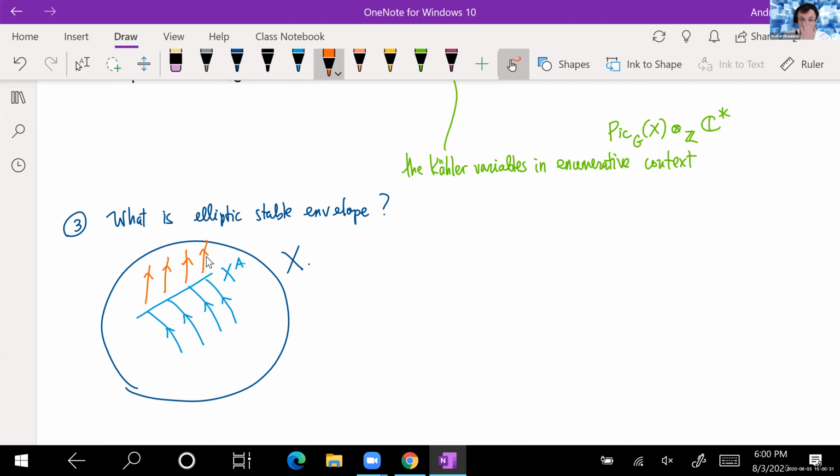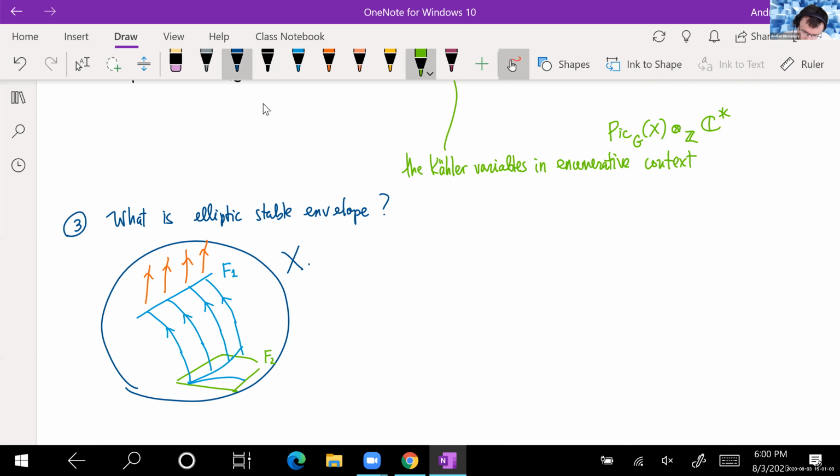These attracting directions, if we close them up, can hit some different component of the fixed locus. Maybe I'll write this as F1 and F2.